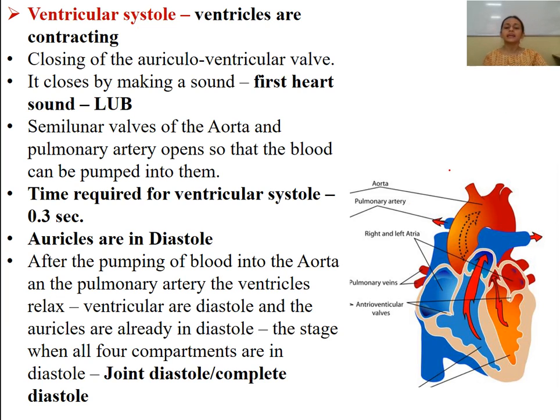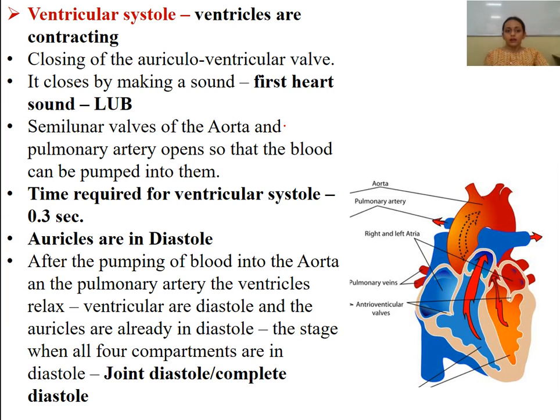And this creates the first sound of the heart, and the first heart sound is called lub, L-U-B, lub. So this is the first heart sound that is created when the auriculoventricular valve closes and the ventricles contract, or go into a systole.